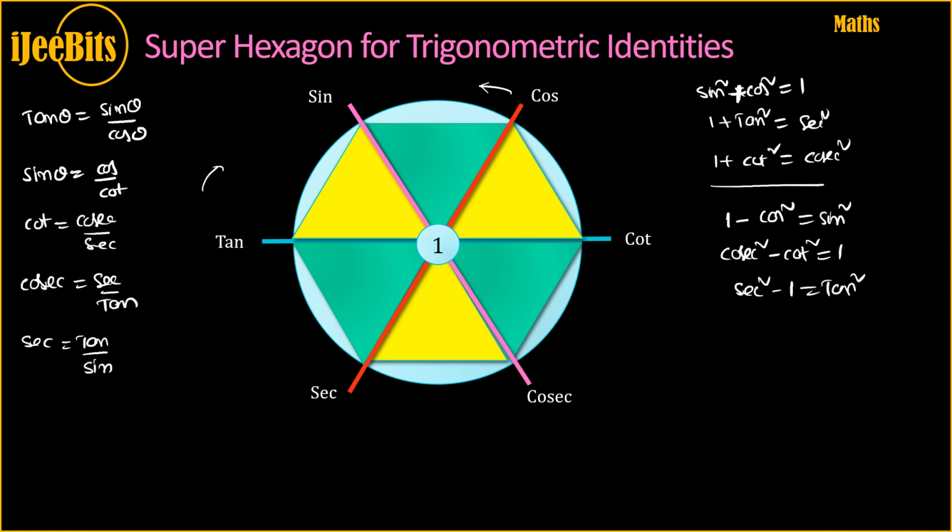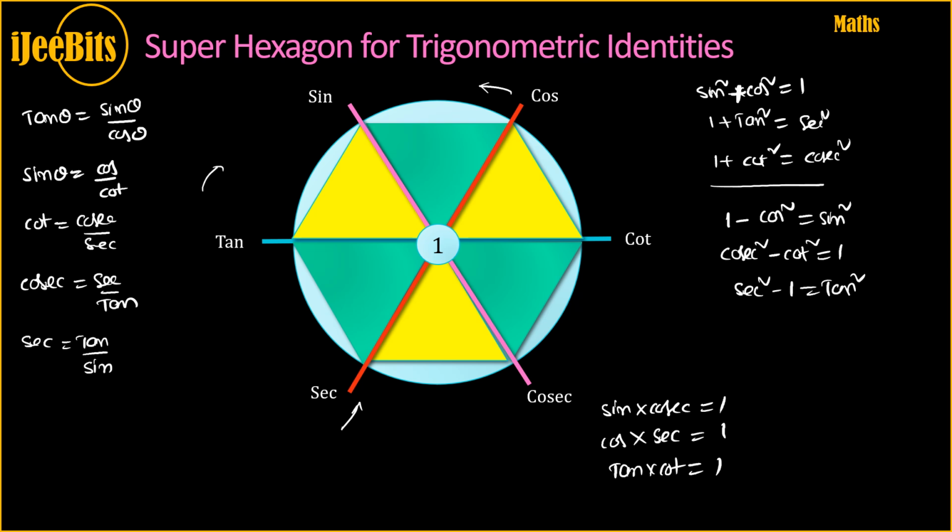This is another relation that we remember. And the reciprocal relationship is also there. What is that? Sine multiplied by cosecant equal to 1. And what else have you seen? This direction, right? So cos multiplied by secant equal to 1, and tan multiplied by cot is also 1.